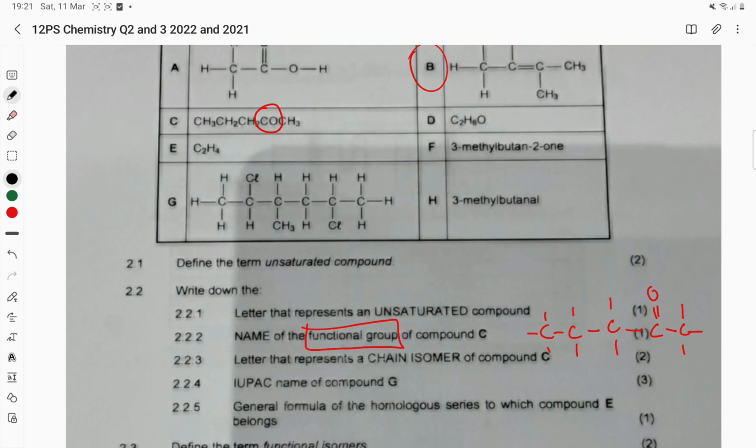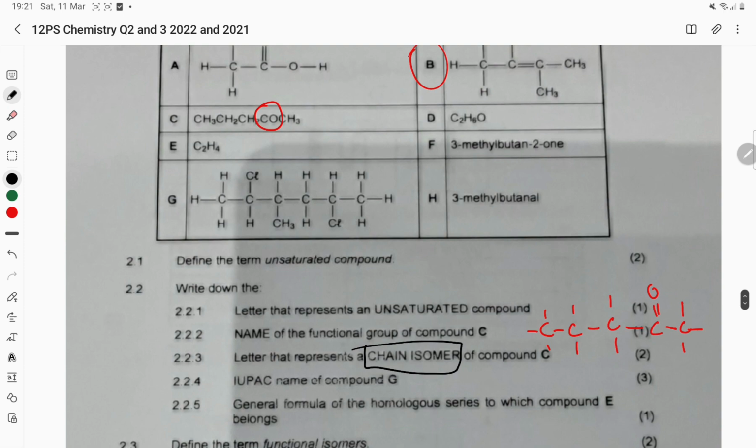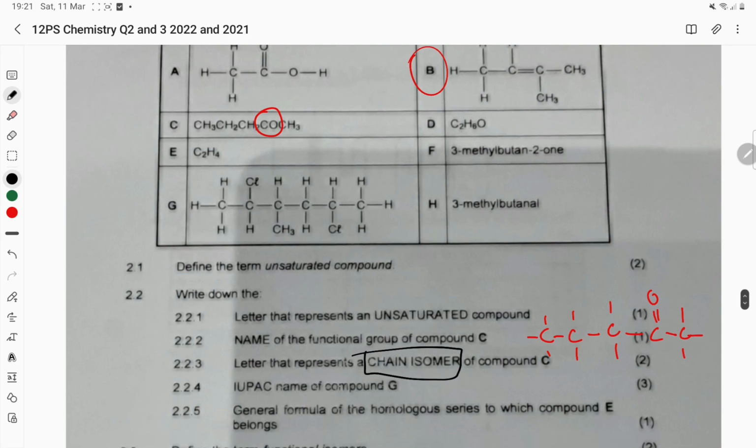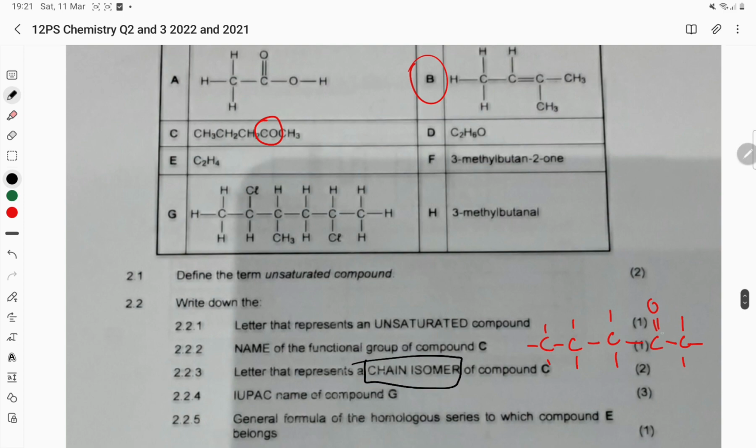We need to find something else that's a chain isomer of it. So it's got the exact same number of carbons, oxygens and hydrogens, but there is a deviation in the chain. So it can't be butanol, because now you're changing the functional group.